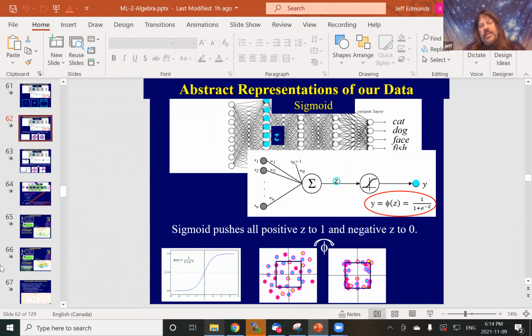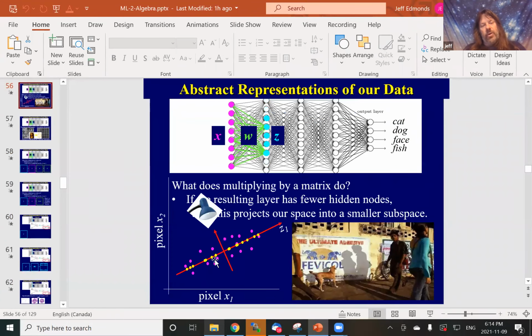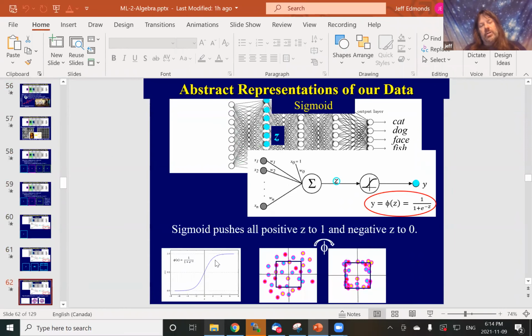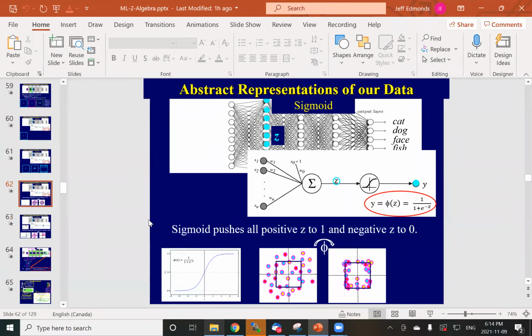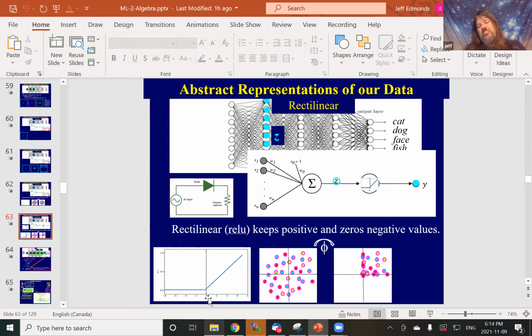So this is a sigma, right? Let's see, a threshold takes positive numbers and returns 1, takes negative numbers and returns 0. A sigmoid does that a little more smoothly, right? This is graceful. This function, what does it do?